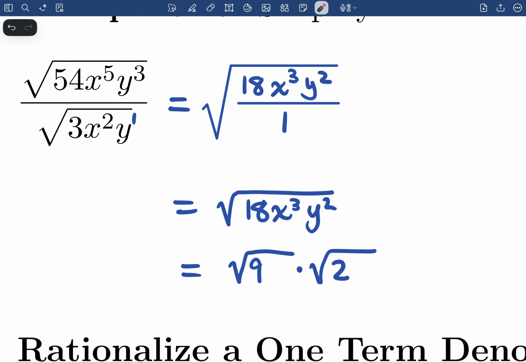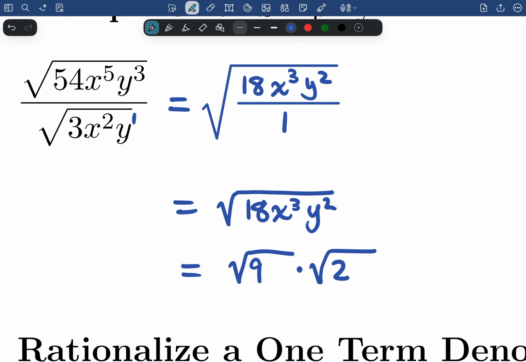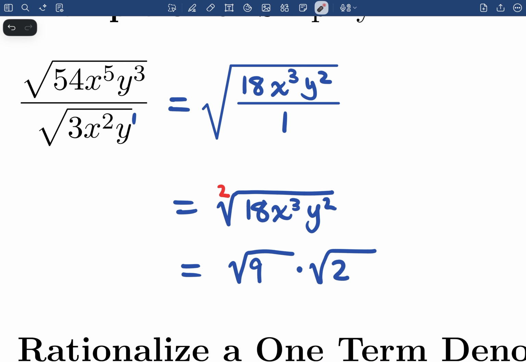Great. Let's now move on, and we're going to consider breaking the x variable into pieces. Now, if it helps you, make the index visible so you can see, hey, we're trying to put perfect powers of the index in the first radical.